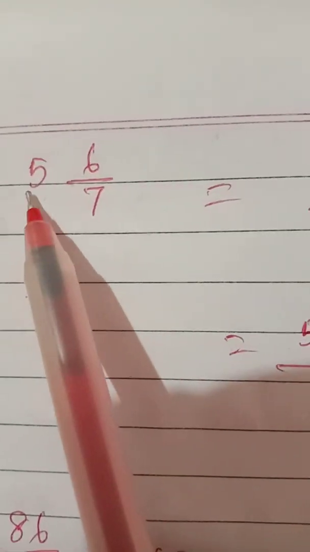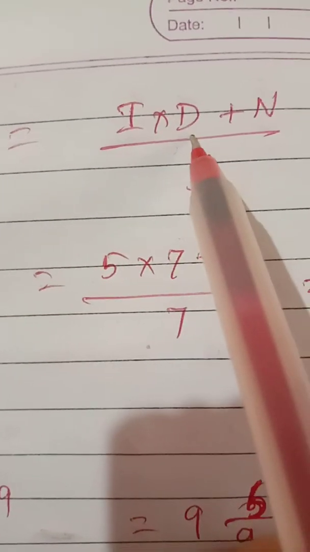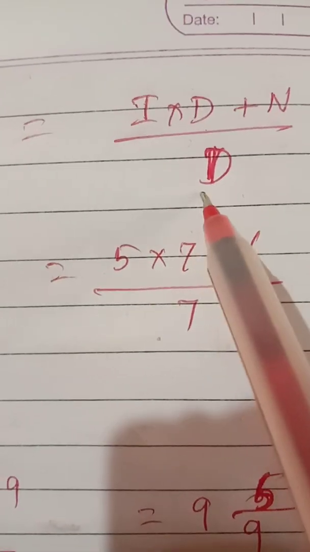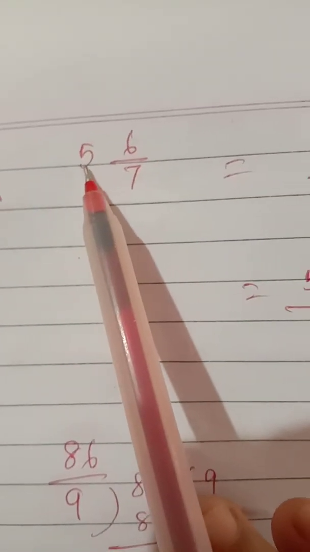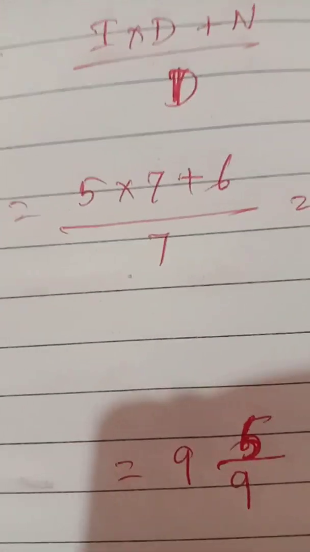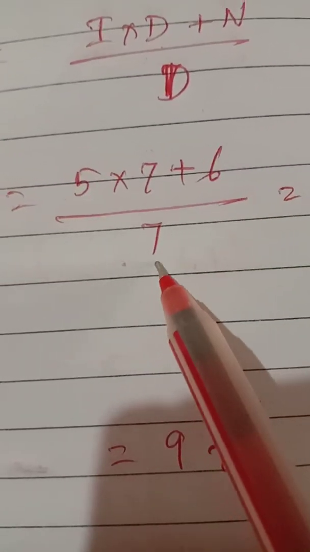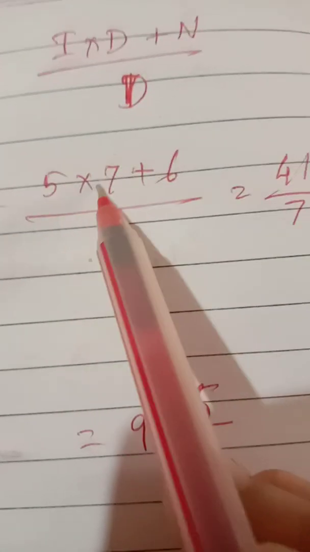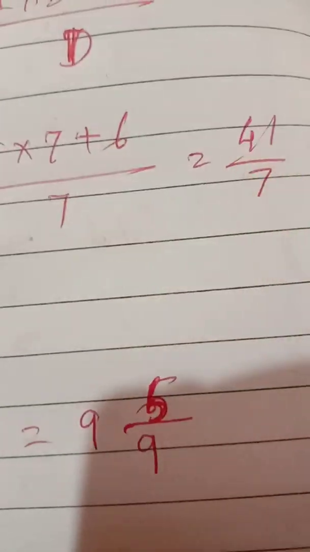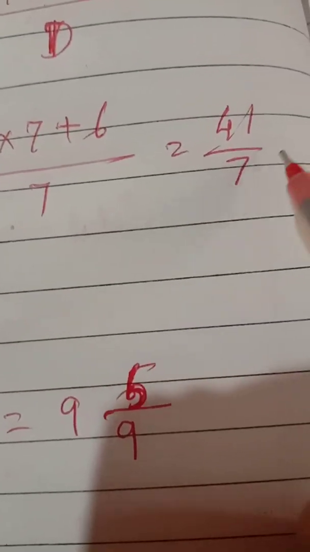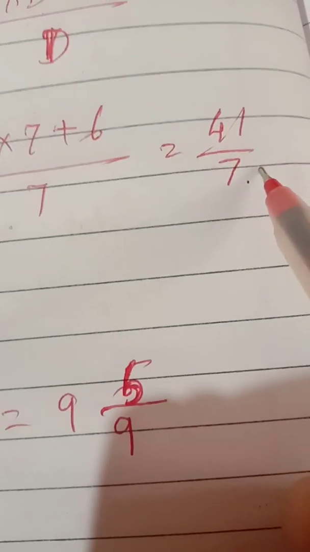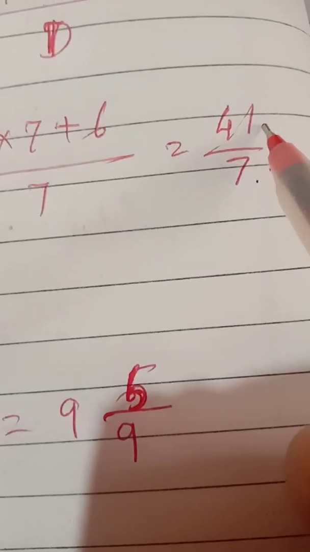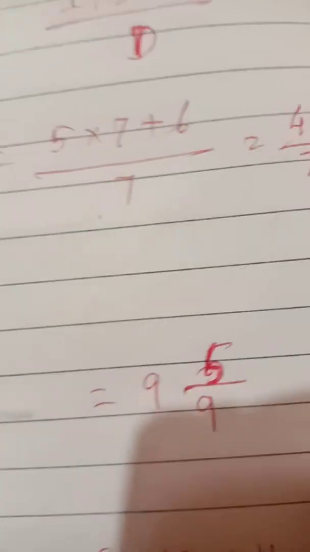Sometimes we call the whole number the integer. Students, look over here, this is our integer. So 5 multiply 7 plus 6 upon the denominator, that is 7. 5 7s are 35 plus 6. So it will come 41 upon 7. It's an improper fraction because its numerator is bigger.